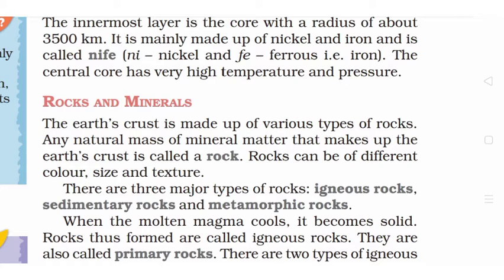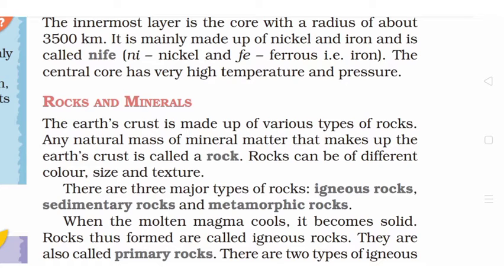Any natural mass of mineral that makes up the earth's crust is known as a rock. And rocks can be of different colors, sizes and textures. As we see, there is no definite shape, size, texture or color of a rock.